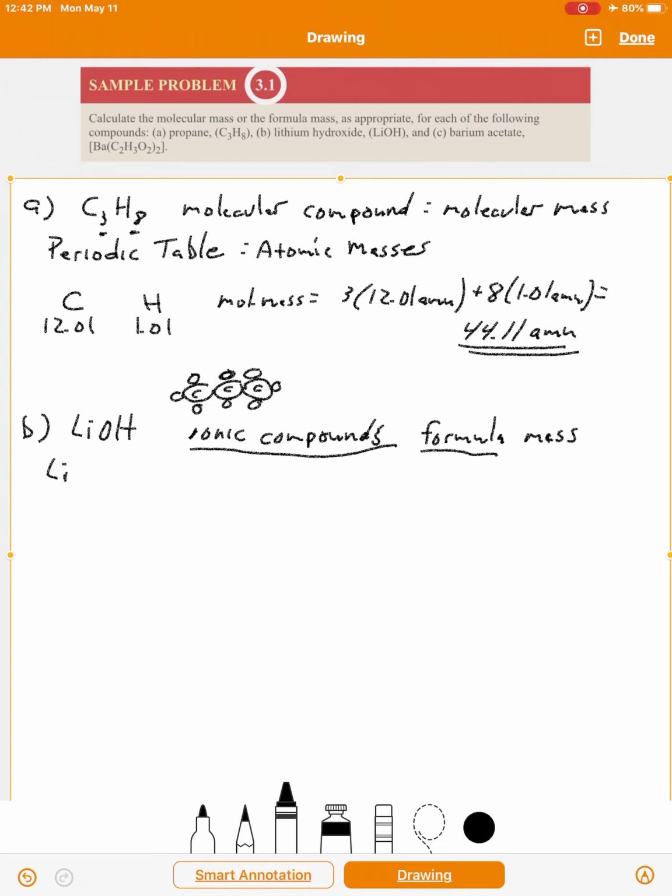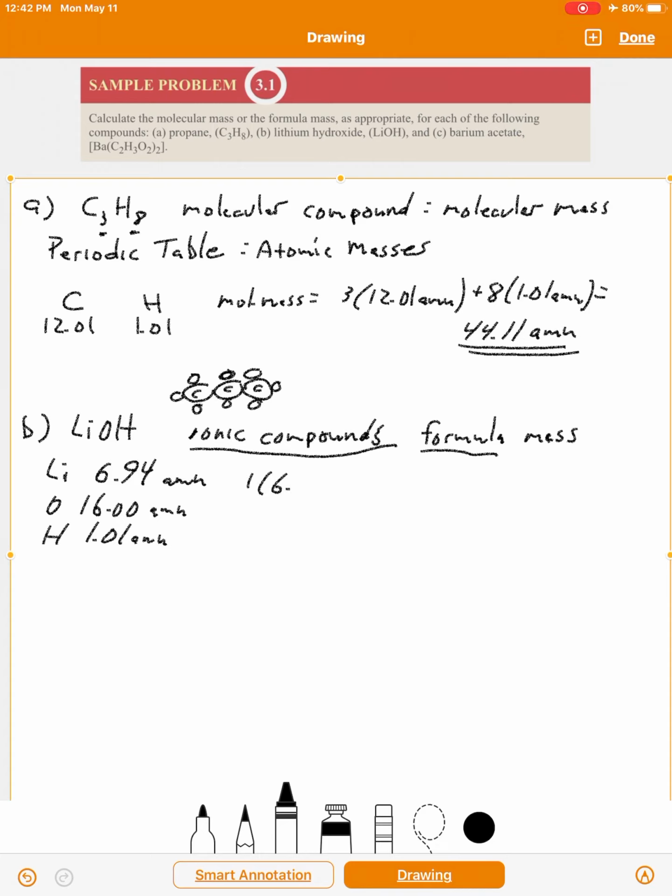So we look up lithium. Lithium is, again, we're going to use the atomic masses, 6.94 AMU. Oxygen, 16 AMU, and then hydrogen, 1.01 AMU, right? Does that make sense? Okay, so now let's add them up. There's one of each.